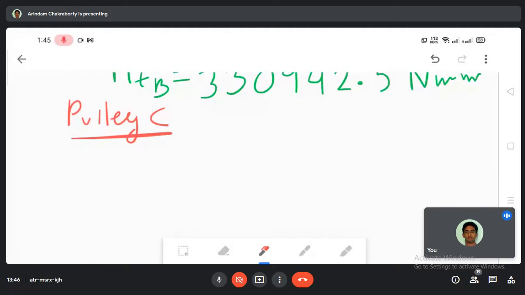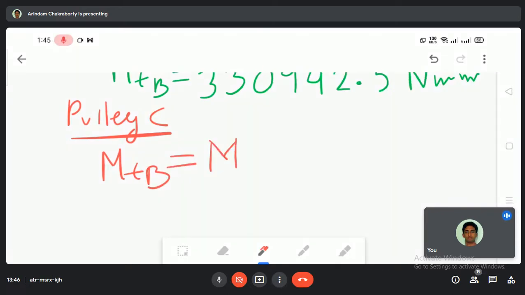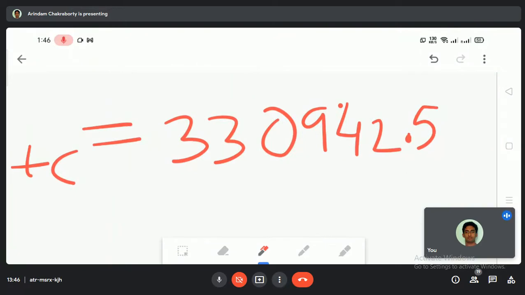We know that the torque at pulley B is equals to the torque at pulley C, so is equals to 33094.5 Newton millimeter. Fine, we know that.